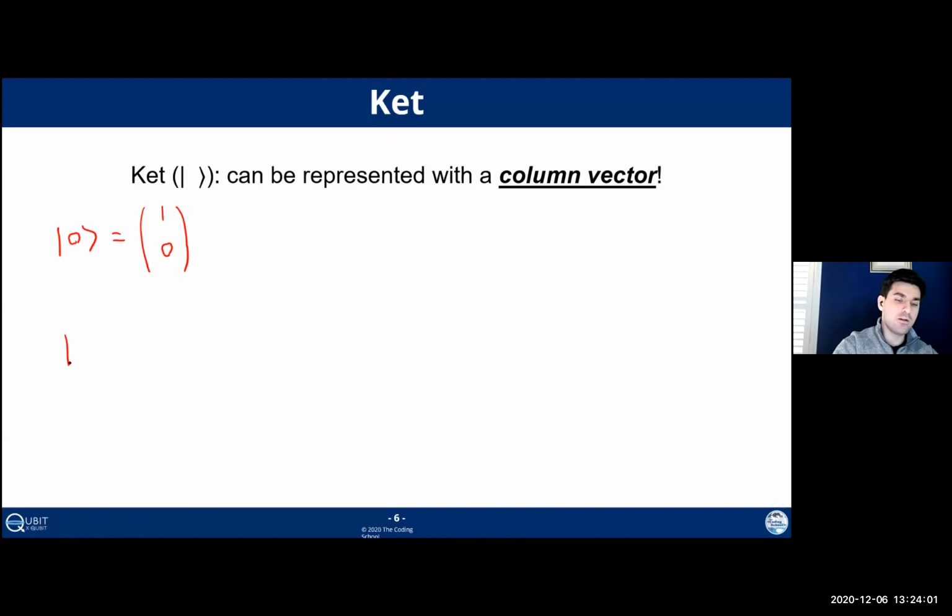And ket 1, I can write as a column vector with a top entry of 0 and a bottom entry of 1. Simple as that. Just a reminder, these are equivalent to when your bit has a value of 0 and your bit has a value of 1. In this case, your qubit has a value of 0 or a value of 1, and you can represent these with vectors.